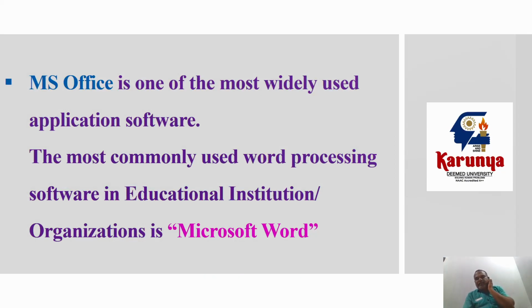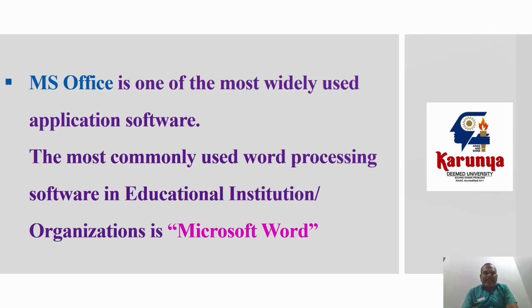So the first one, MS Office, is one of the most widely used application software. Everywhere we are using MS Office. It may be an office, an educational institution, or a public sector office, wherever we are using MS Office. It is the most commonly used software, Microsoft Office. Another most commonly used application is word processing, that is Microsoft Word.